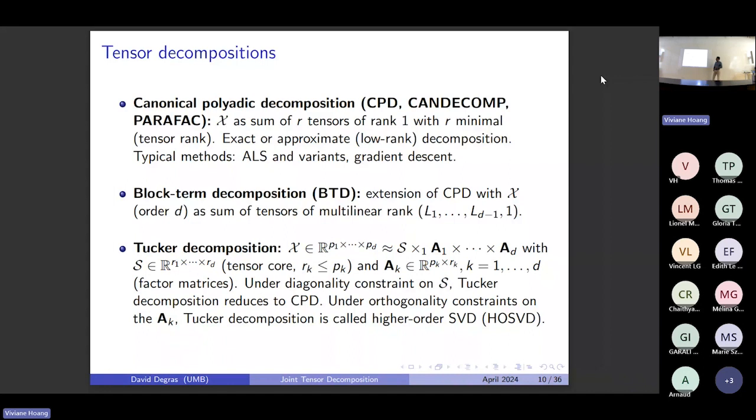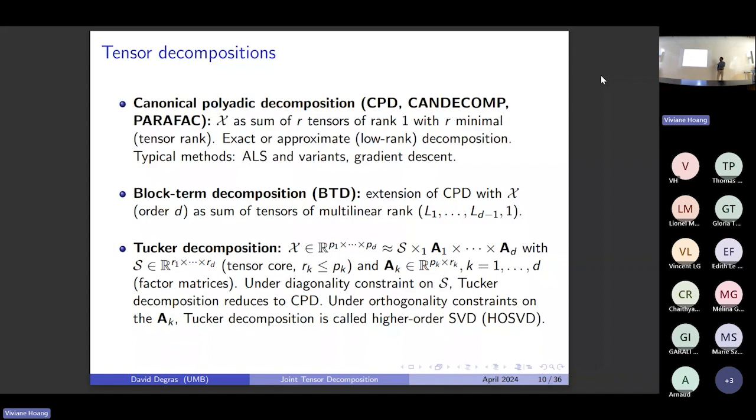So for example, if you say, I want my core to be diagonal, so only have non-zero coefficients on the diagonal of that tensor, you get the CPD decomposition. So you can think of CPD as a special case of Tucker with a diagonal core. Or if you say, I want those factor matrices to be orthogonal, then you get what is called a higher order singular value decomposition, and that generalizes SVD to higher dimensions.